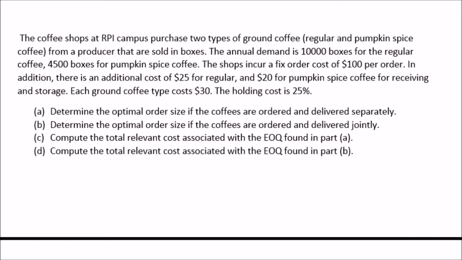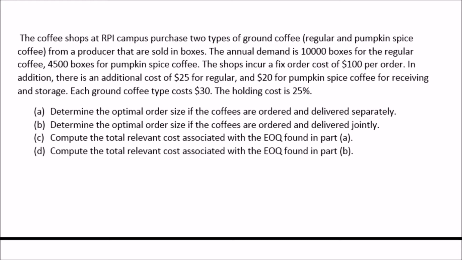The annual demand for regular coffee is 10,000 boxes, and for pumpkin spice coffee, the annual demand is 4,500 boxes. One assumption for EOQ models is that the demand is not variable, so there is no seasonality in the demand. We know that the annual demand is 10,000.